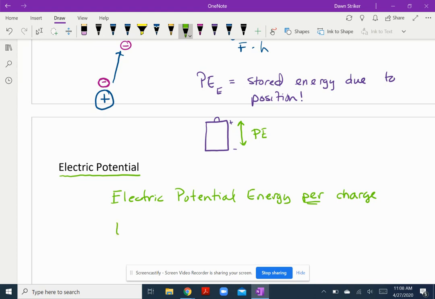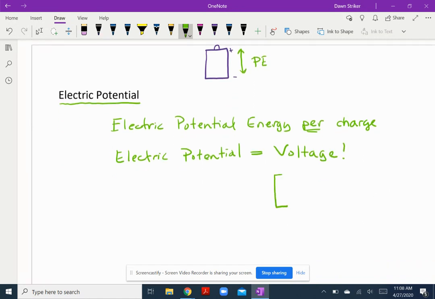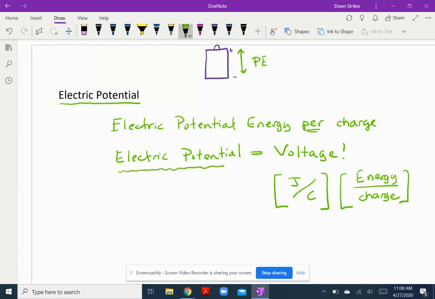Okay, and so electric potential is known as voltage. And the unit is a joule per coulomb. And that makes sense because a joule is energy and a coulomb is charge. All right, potential energy per charge is known as electric potential.